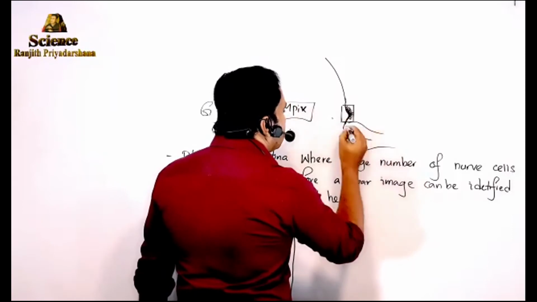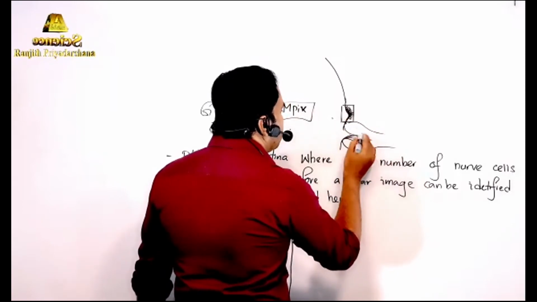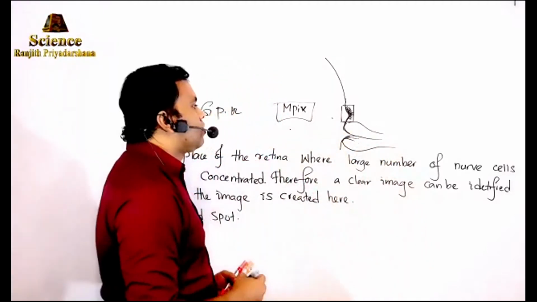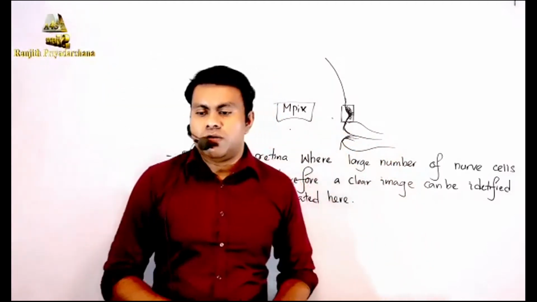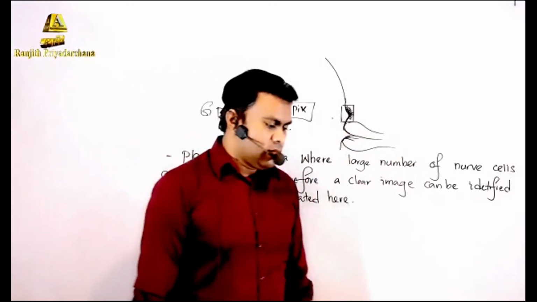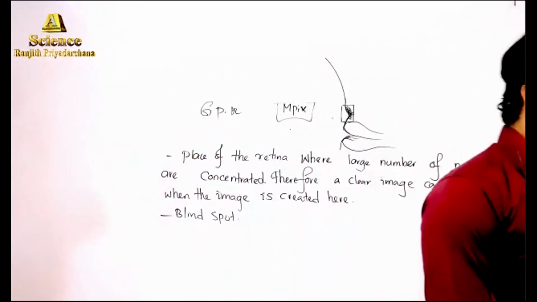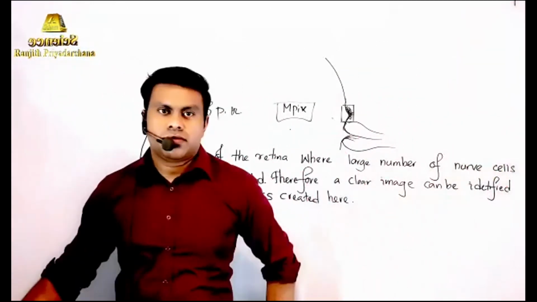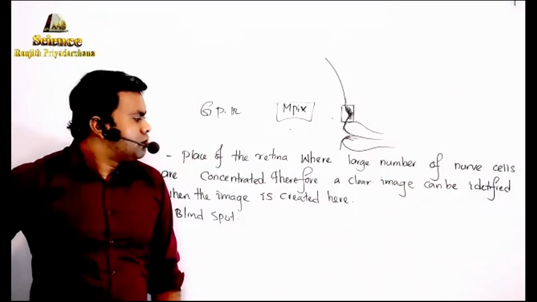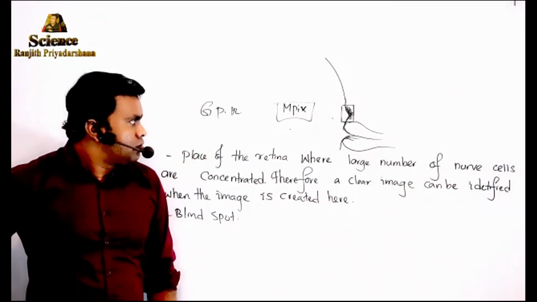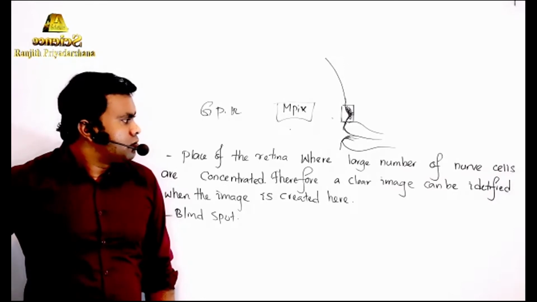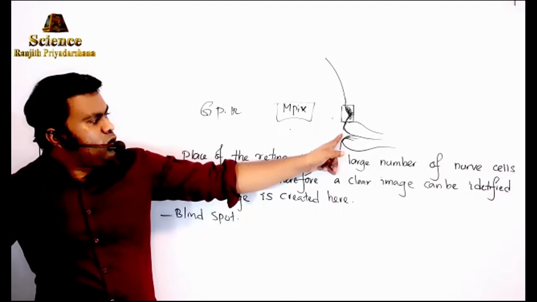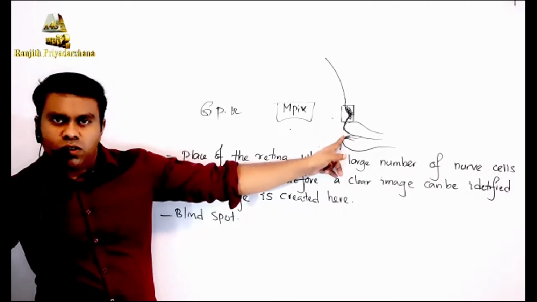The place where the optical nerve begins. There are no light sensitive cells there. There are no cone or rod cells.